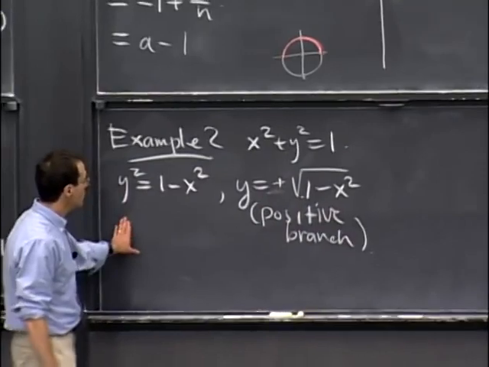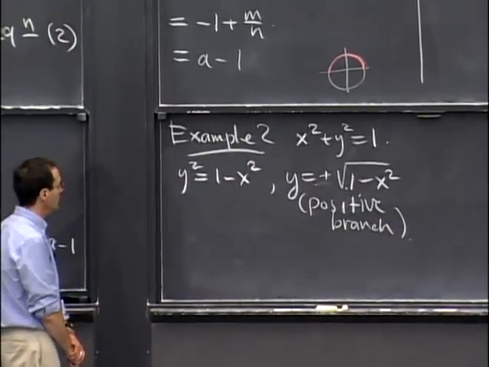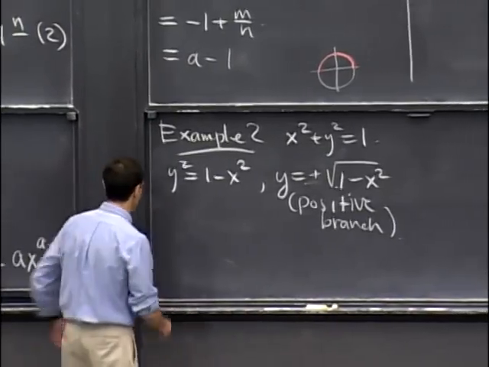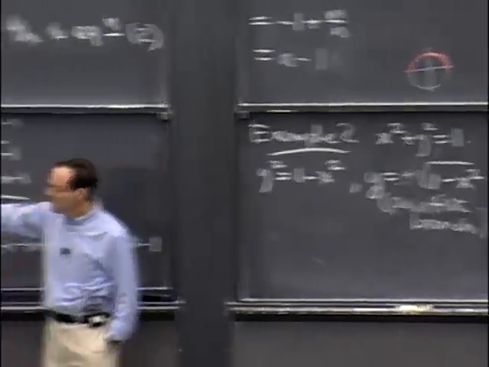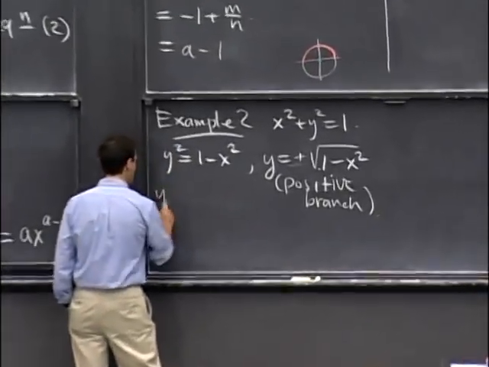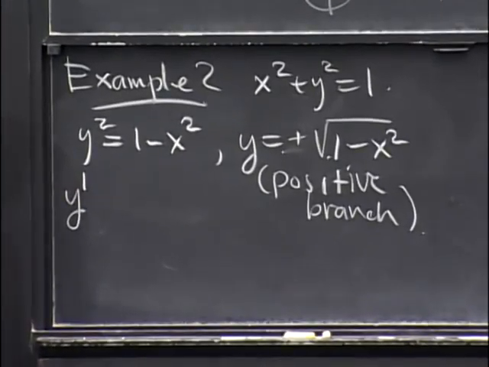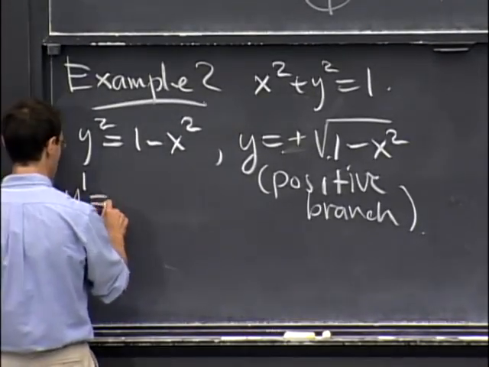All right, so now I've taken the solution and I can differentiate this. Rather than using this dy by dx notation over here, I'm going to switch notations because it's less writing, and I'm going to write y prime. Okay, so I want to take the derivative of this.